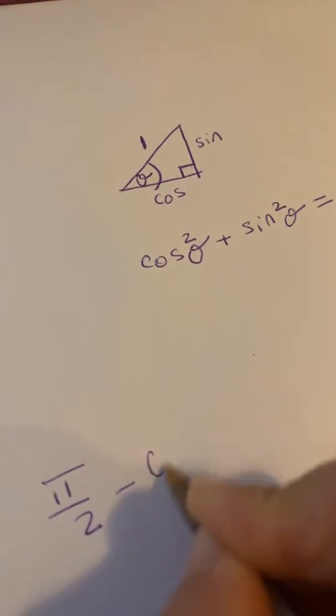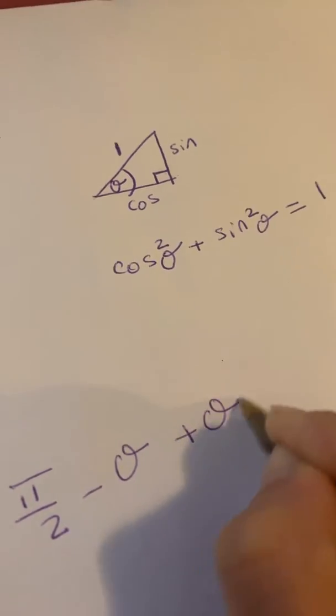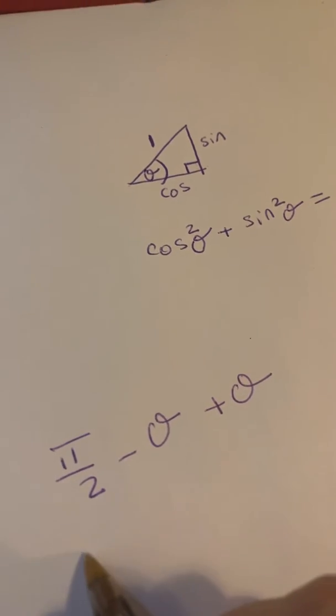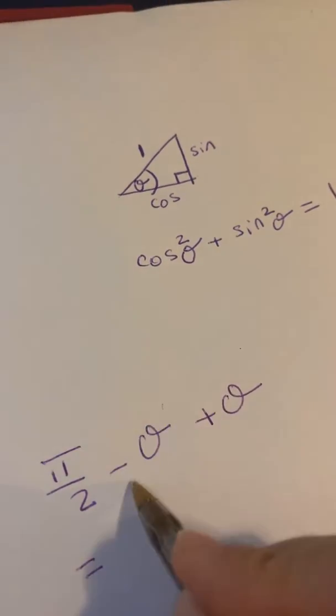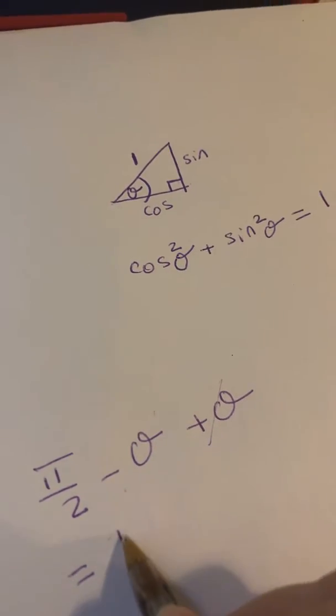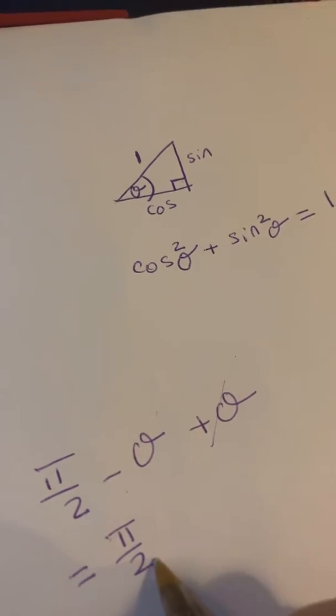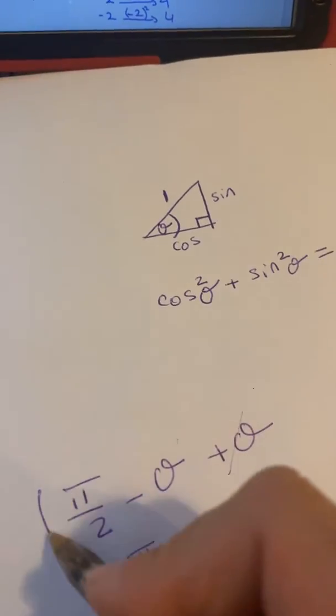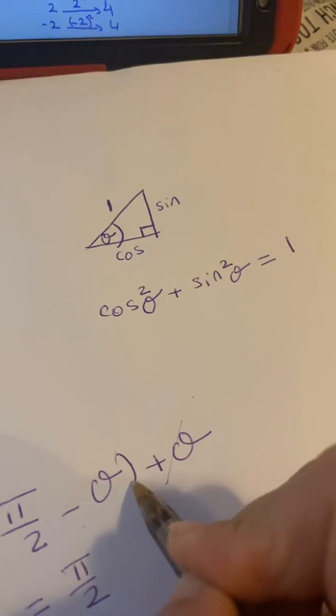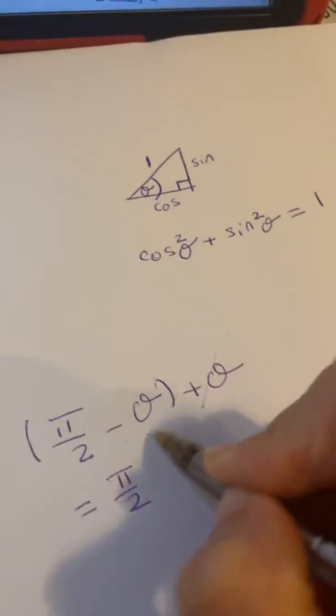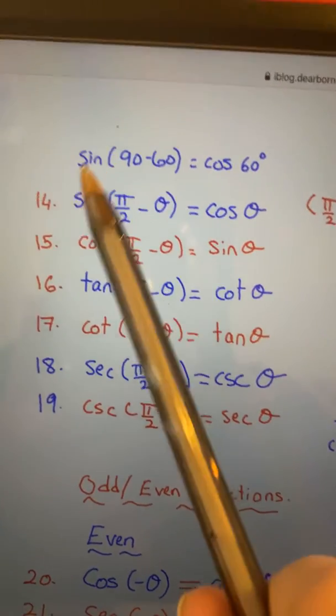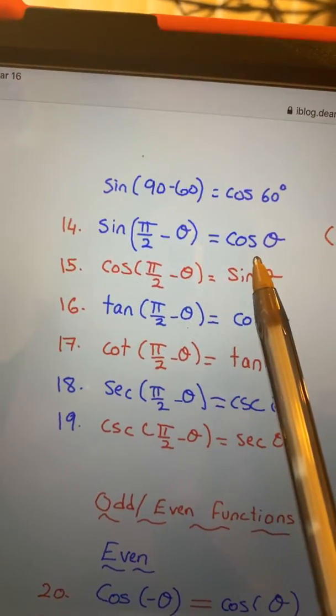Pi over 2 minus theta plus theta. So adding up those two angles, those cancel out and you're left with pi over 2, which is 90 degrees. So this is one angle, this is another angle, we call them complementary angles. Now you can see the sine of one is the cosine of the other.